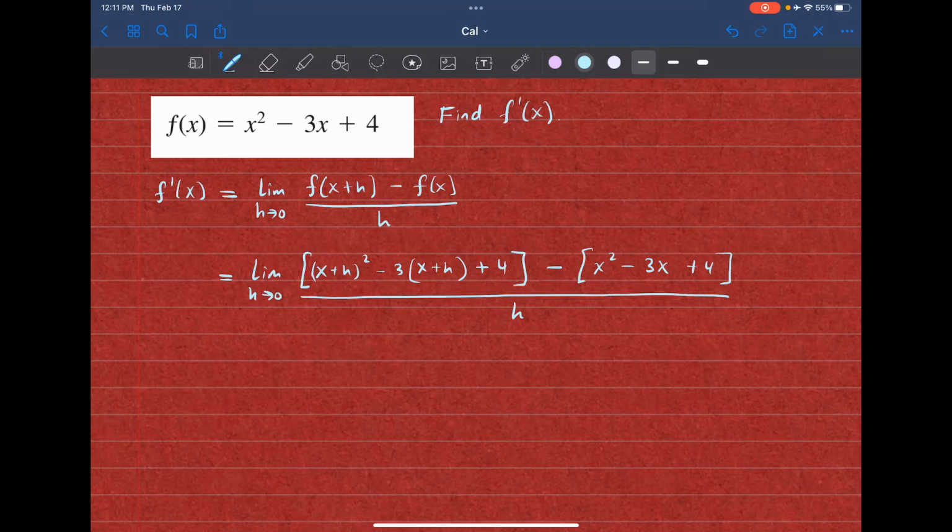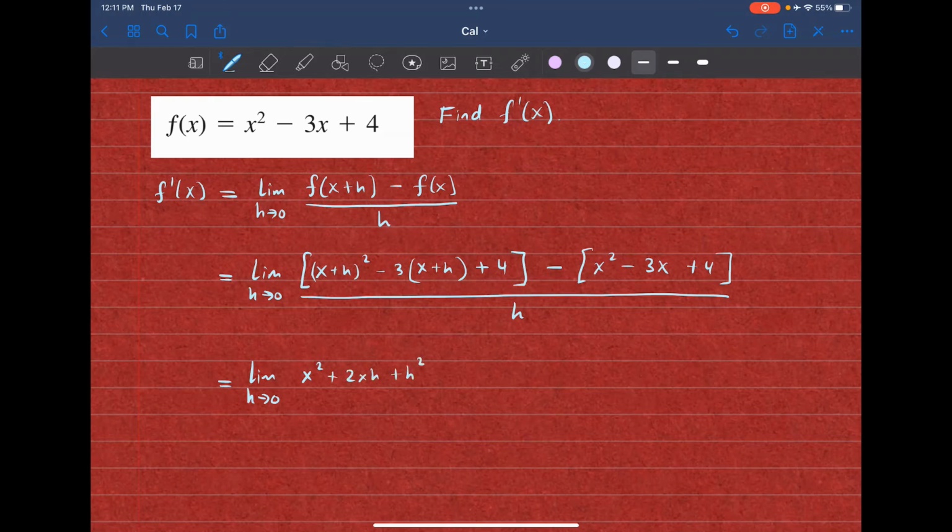Now for the first bracket term, we can expand. So we have the limit as h approaches 0. Here, if I expand this (x plus h) squared, that's simply x plus h times x plus h, which would be x squared plus 2xh plus h squared.